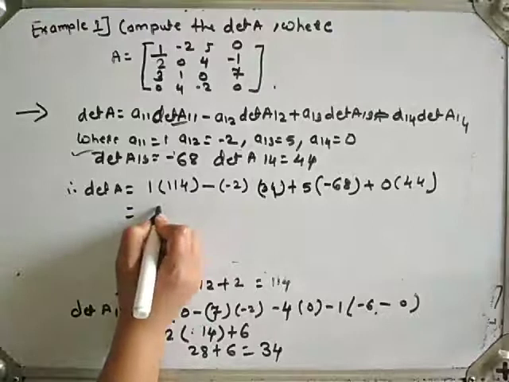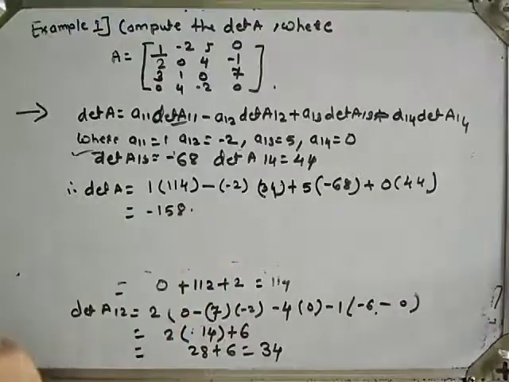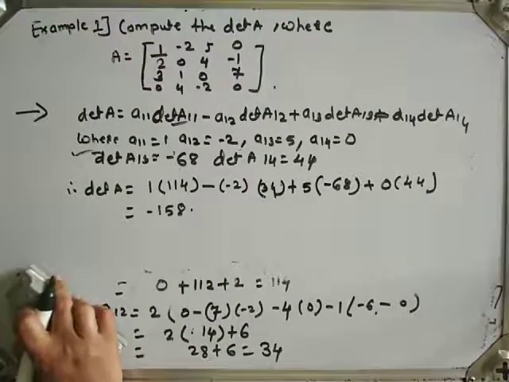This is equal to -158. Therefore, determinant of A is equal to -158.